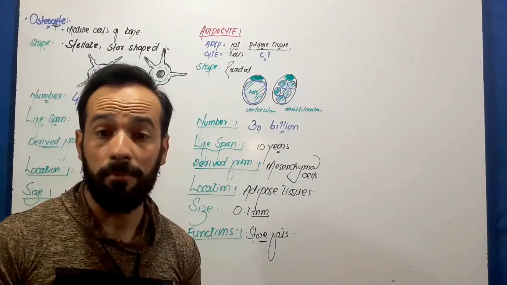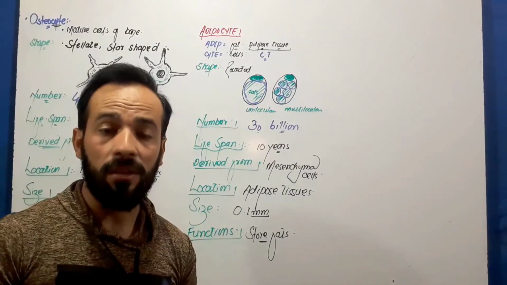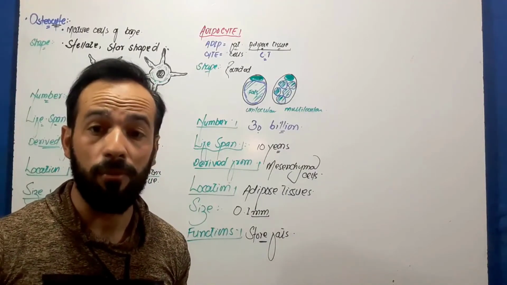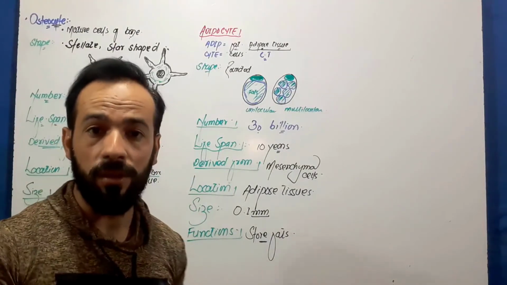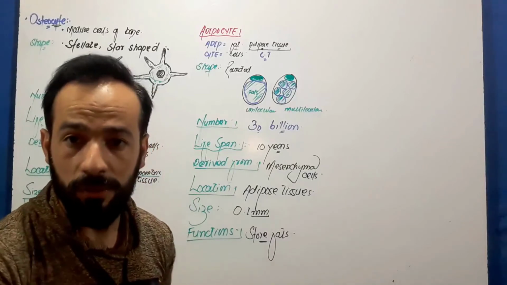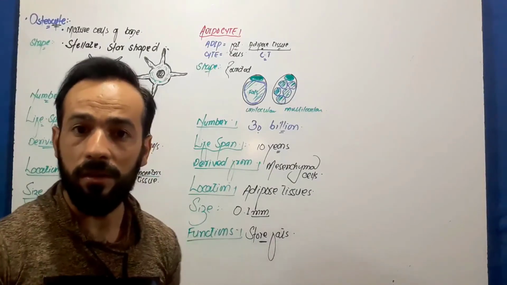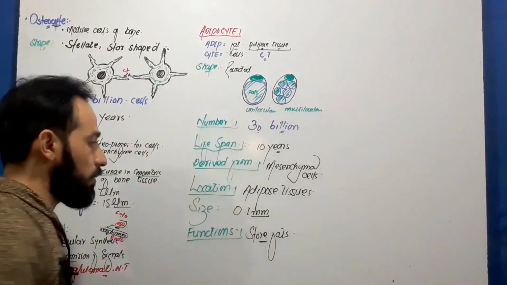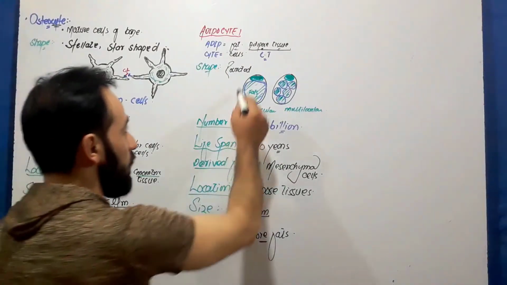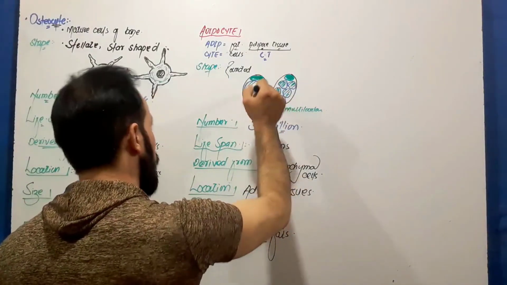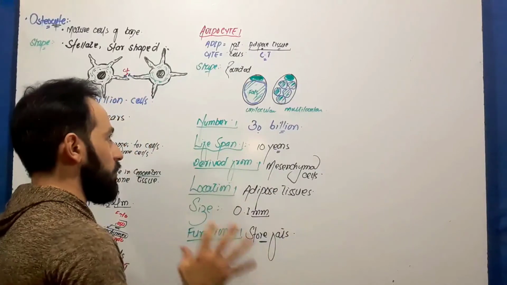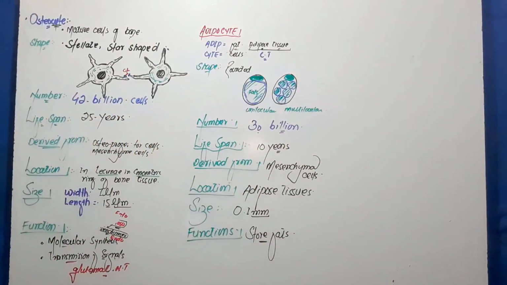And they also help in maintaining body temperature. They also help in providing fats and energy to the body. These are all their functions. So adipocytes mainly store fats. This is quite enough about these cells.